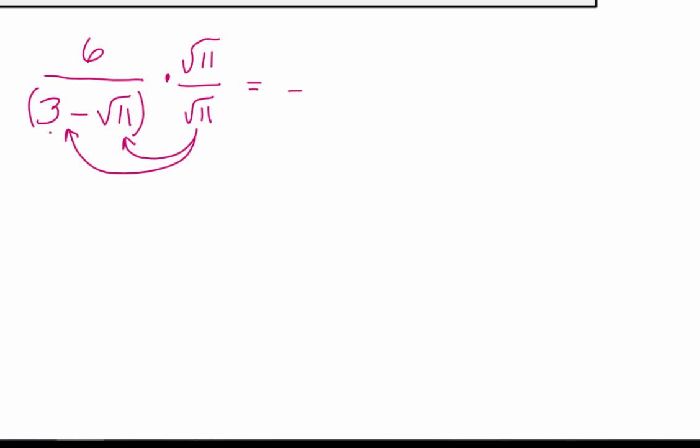We would get 3 square root of 11 minus, and then square root of 11 times another square root of 11 is square root of 121, or 11. So even though our radical is gone from this term, we've now moved it over to this term, and the denominator is not rational. It's not an integer, and there's still a radical. So that technique is not going to work.